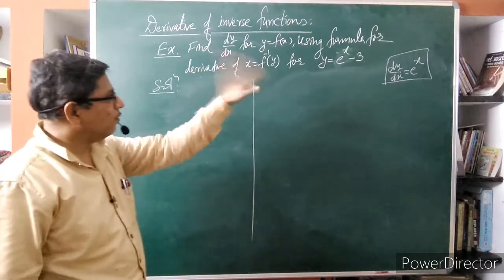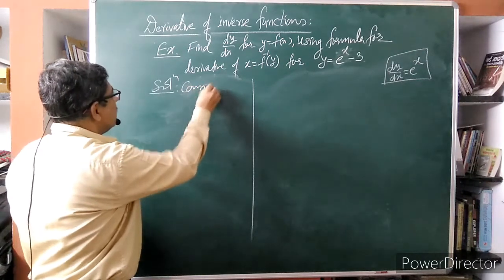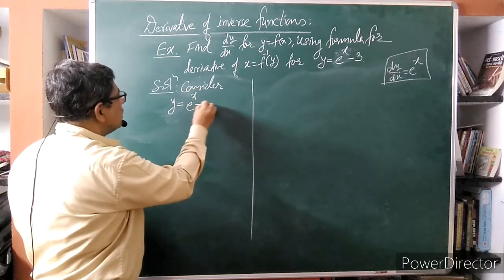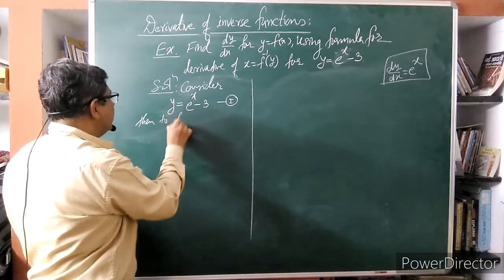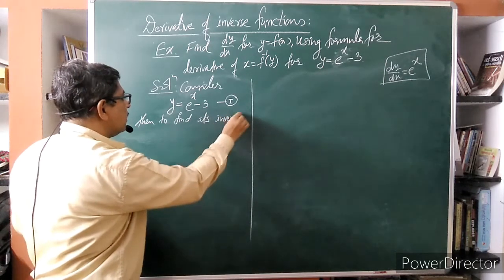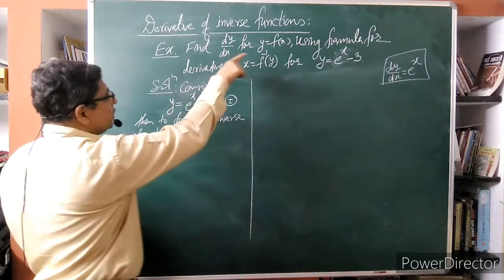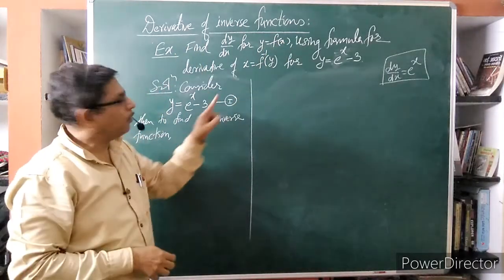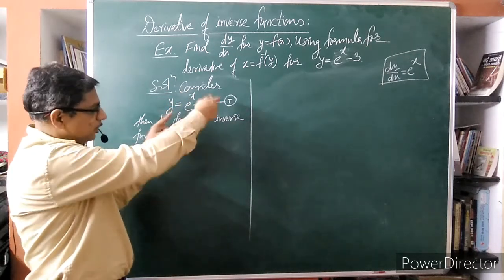Now you have to go for this answer in the reverse direction. So consider the given function y is equal to e raised to x minus 3. I will call this as 1. Then to find its inverse function, see, given function is expressed as y is a function of x. For inverse, now you have to express x as a function of y.